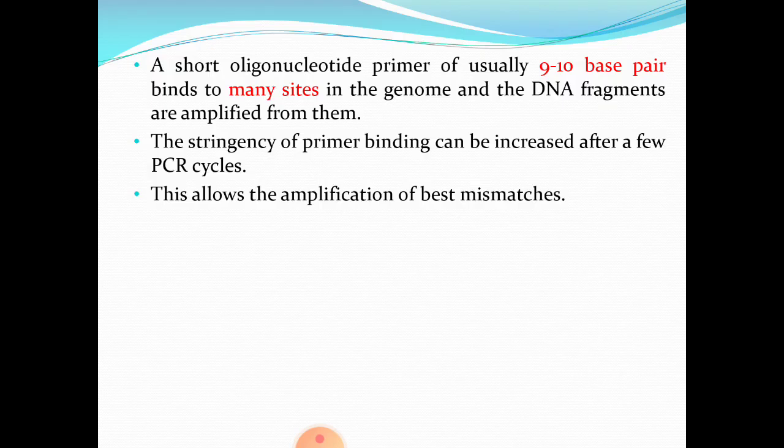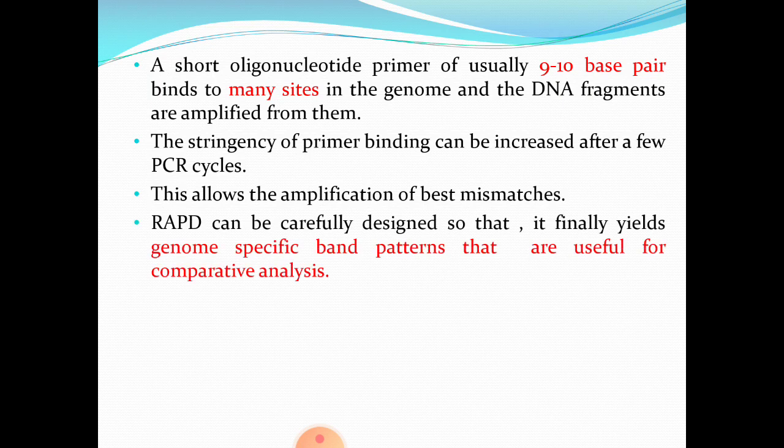Then when this happens, amplification of mismatches will take place. That's the reason. Then RAPD can be carefully designed so that it finally yields genome specific band patterns that are useful for comparative analysis.